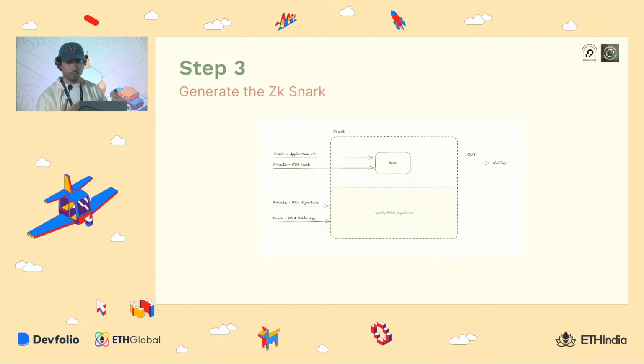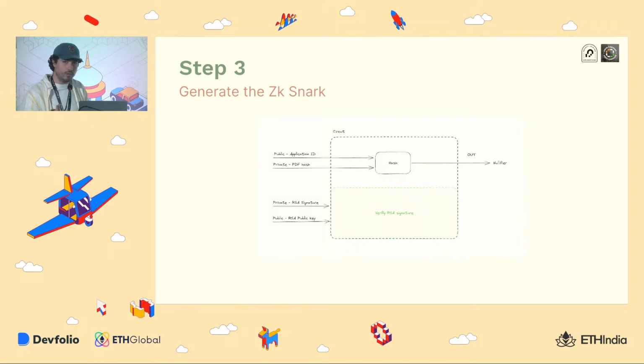Here is the logic about the circuit and the process of proving. You have the RSA public key, which is public because we need it public, because you can use the circuits to verify any RSA signature.